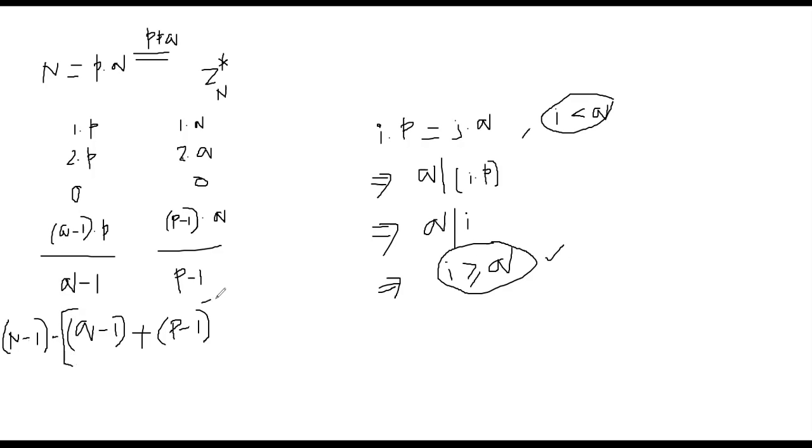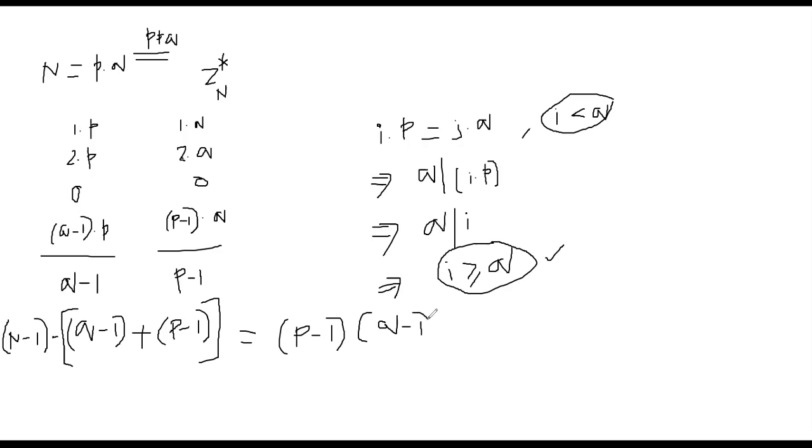If you simplify this, remember N is PQ. If you substitute N by PQ and do some basic reorganization, you will get P minus 1 times Q minus 1. I leave it to you as homework to check that this is equal to P minus 1 times Q minus 1. So we have a nice formula now.